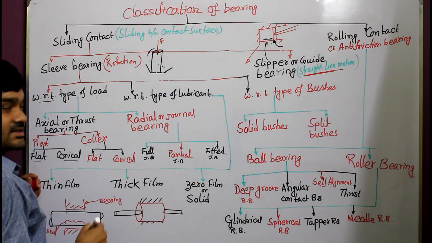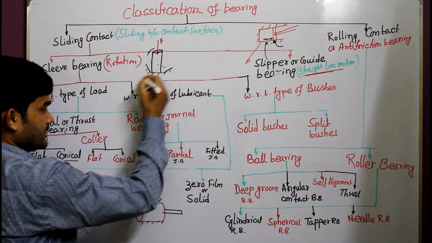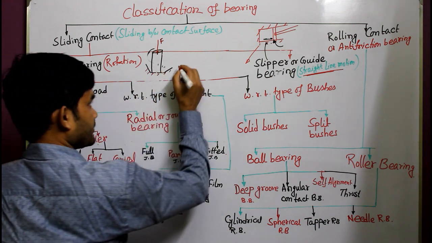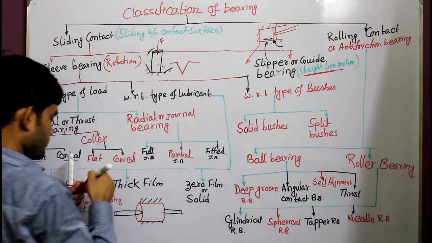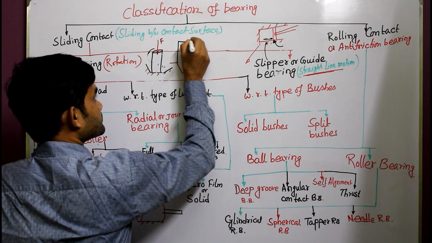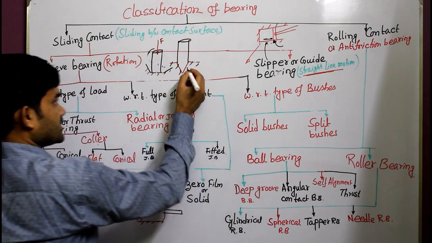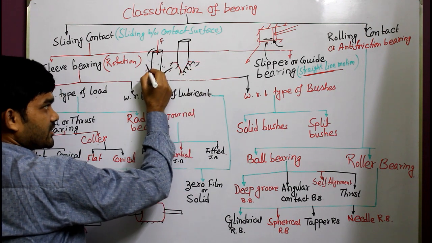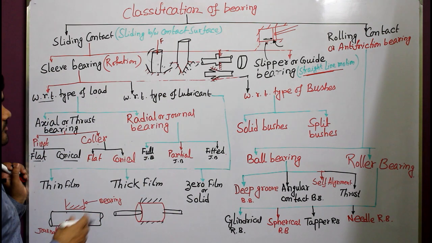That's why we call this axial or thrust. When this surface is flat, we call it a flat pivot bearing, and if this surface is conical, we call it a conical bearing.